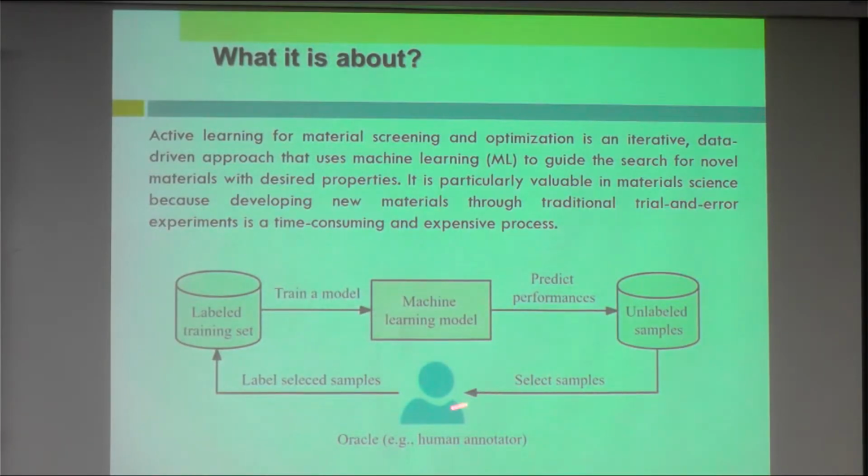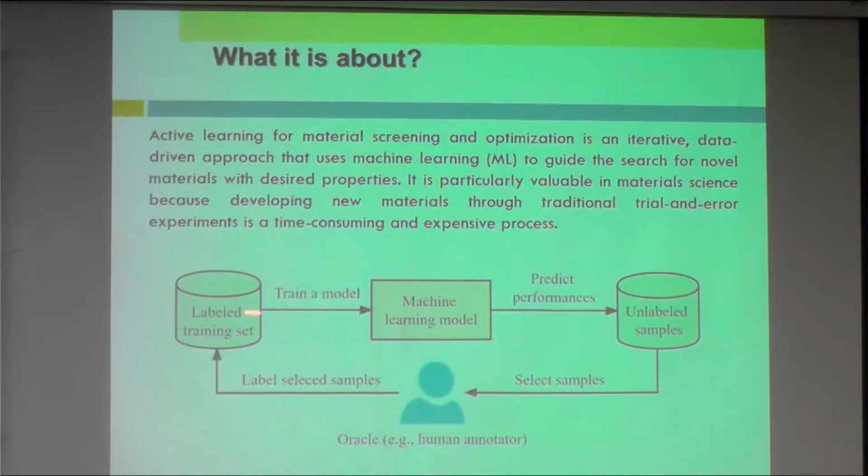With those samples, we need a human, which in this case we call an oracle. This oracle assists in labeling the materials or the properties of the material. With this labeling, you have a training set. So unlabeled samples go to labeled samples.